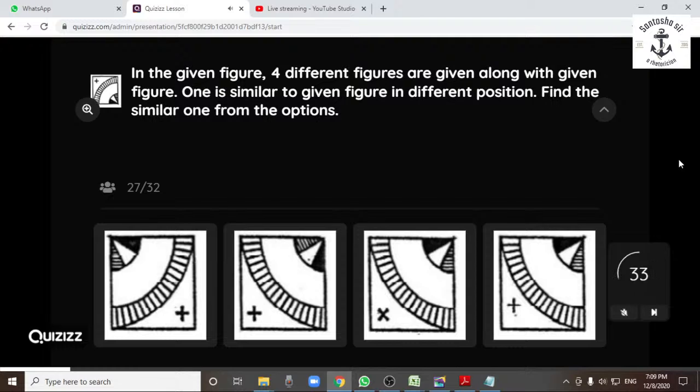Thirty-five seconds more. 27 members answered already out of 32 participants. If each and every participant answers, then the question will be all done and we can move on to the next one.